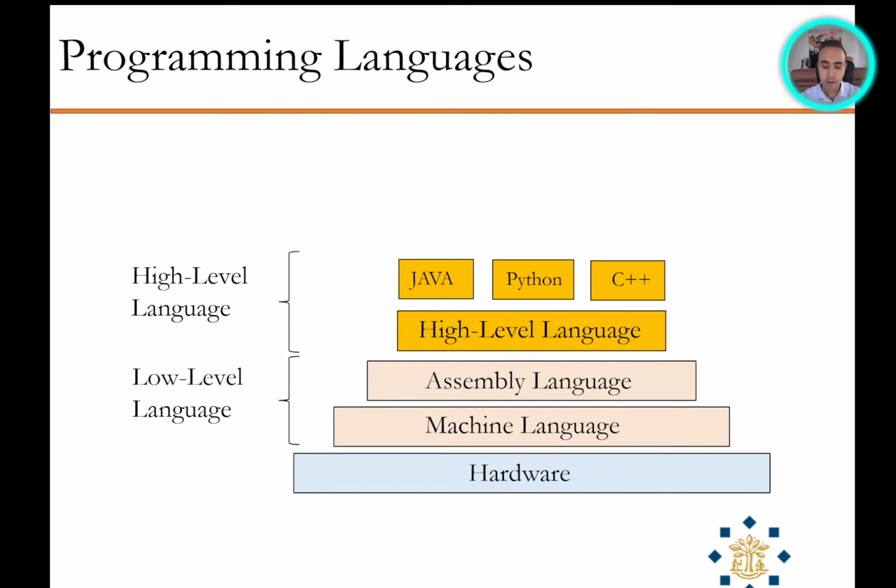And if you look at the number of steps or intermediaries between the computer program and the hardware, the low-level language, the assembly language, is here. Machine language is also considered a low-level language. So there is a direct interaction between the software and hardware, but higher-level languages need some additional intermediaries to interact with the hardware.